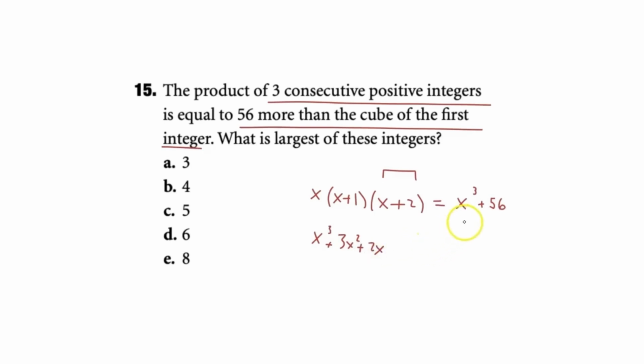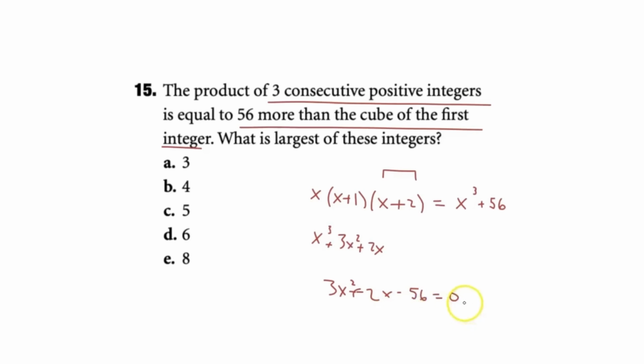And this would be equivalent to x cubed plus 56. And so if we subtract x cubed and 56 from both sides, what we end up getting is 3x squared plus 2x minus 56 would be equivalent to 0.